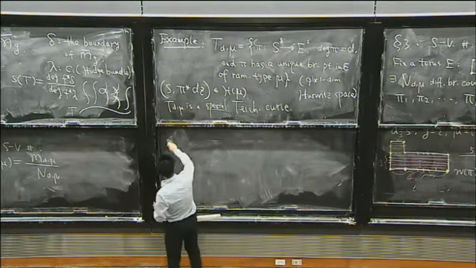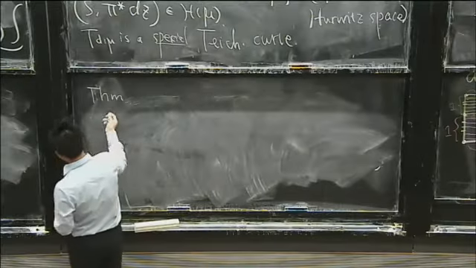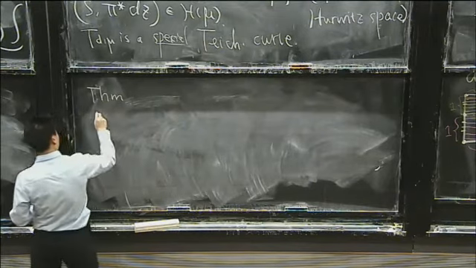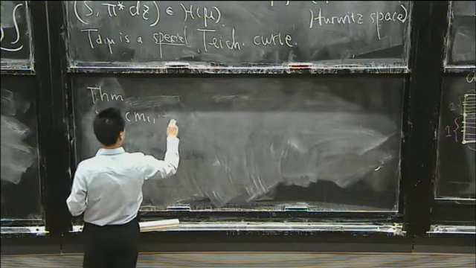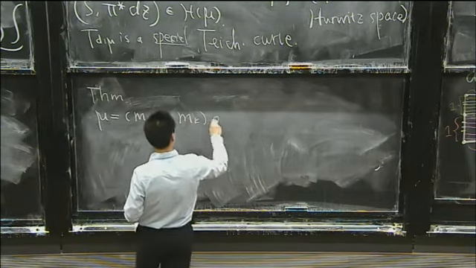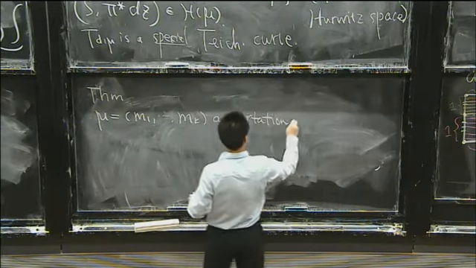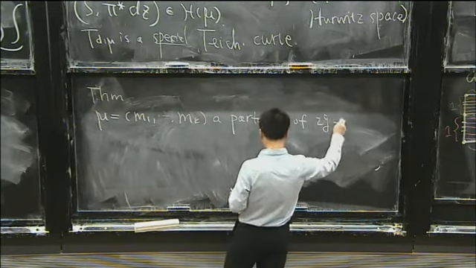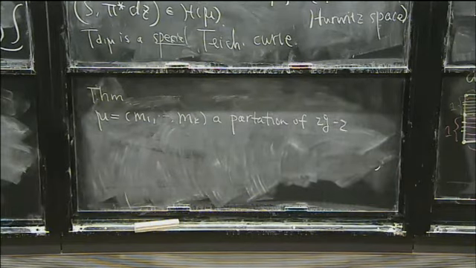So here's a theorem. Let's take this mu as a partition of 2g minus 2. And let's define a number determined purely by mu.